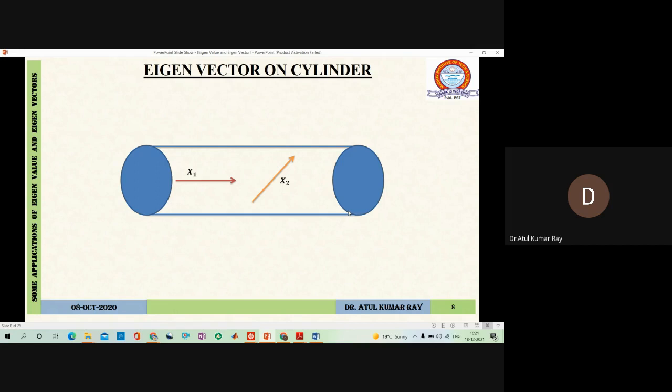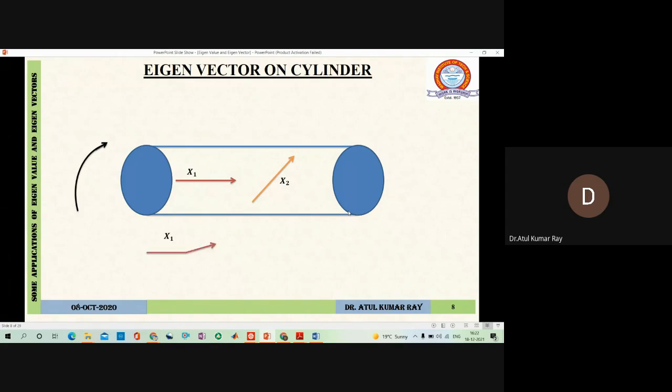It's quite a simple thing. If I apply the rotation, which one will be the eigenvector? X2. Yes, correct. I was expecting this.